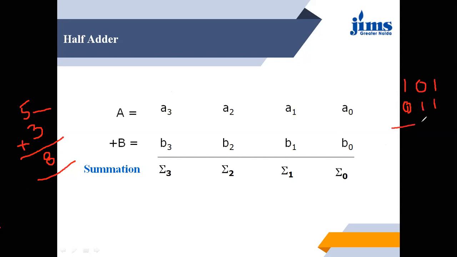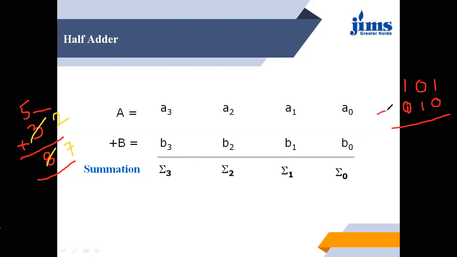Instead of 3, I am taking 2 over here to make it more clear to you. So this is 5 plus 2, which is 7. Here I will take 010, because 10 is equivalent to 2.